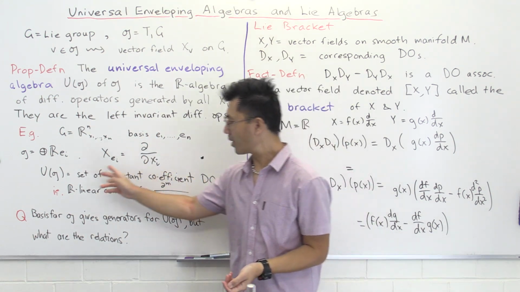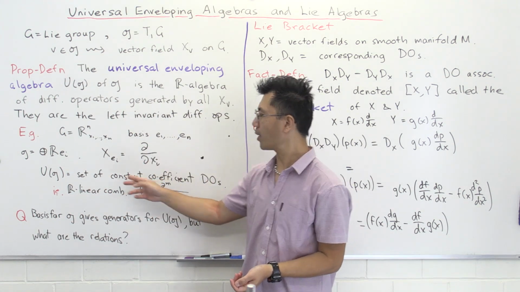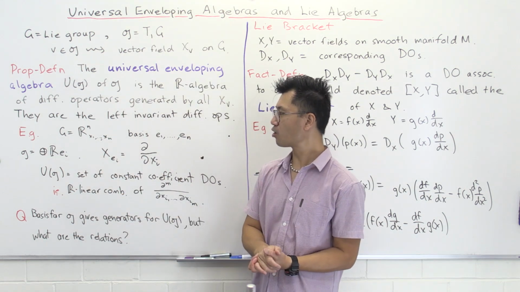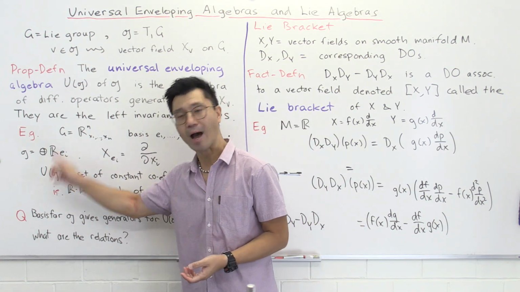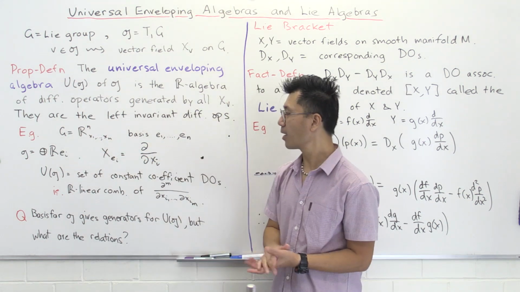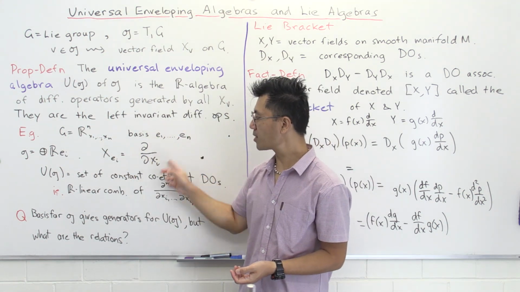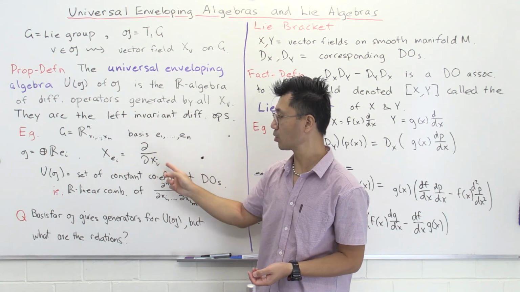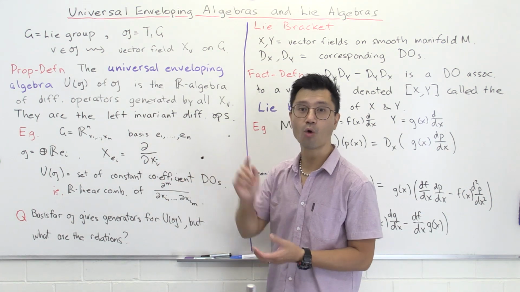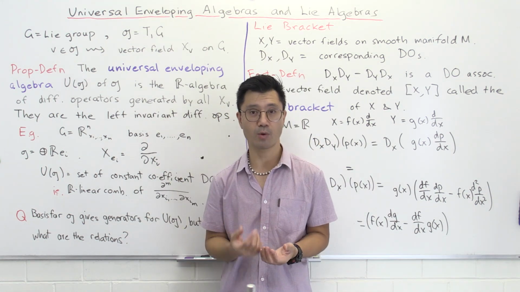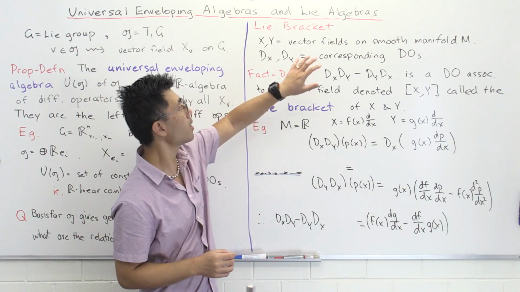In fact, if you think about it a little bit, what is this algebra here? This algebra is just a polynomial algebra over R, with coefficients in R, in these generators here. These all commute with each other, because you can reverse the order in which you do the partial derivatives. But in general, differential operators don't commute.